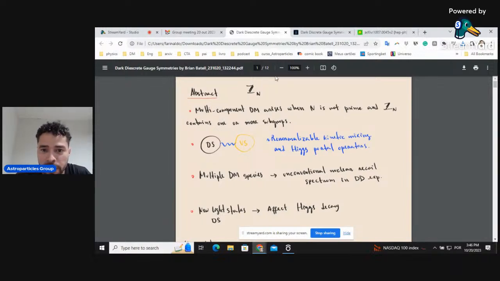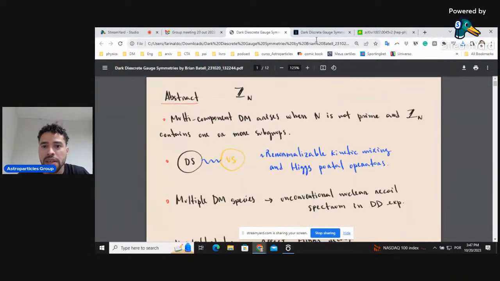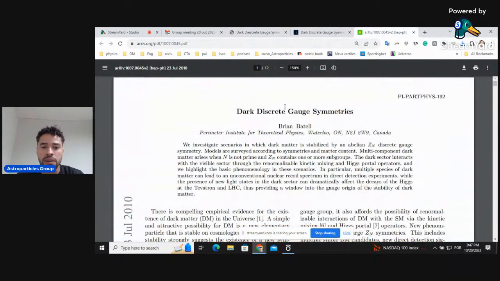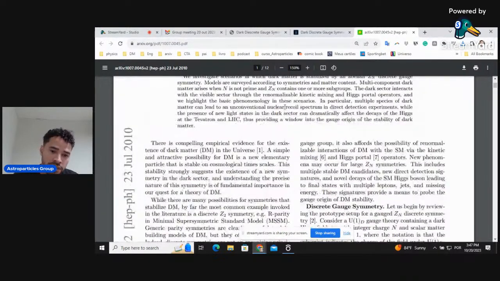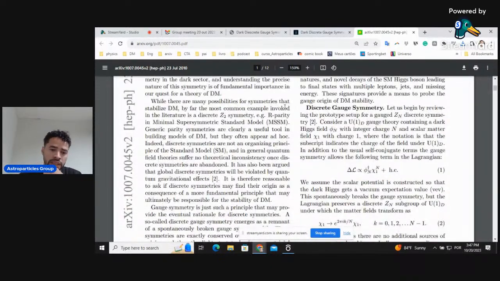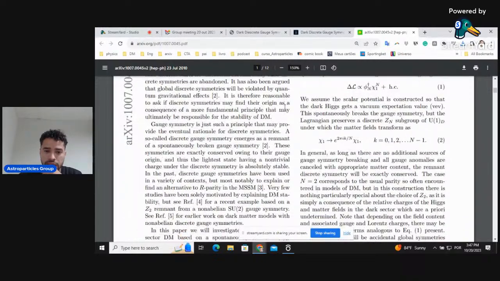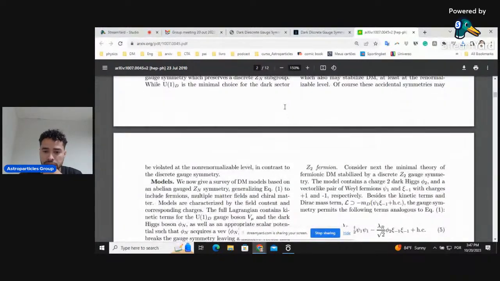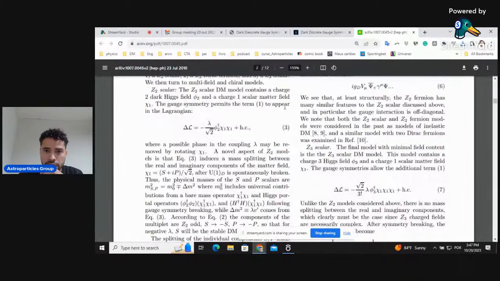Okay, so I hope it's good to see the notes. But first, today I will talk a little bit about dark discrete gauge symmetries, and it's based on this paper from Brian Battle, from 2010, but it's a good paper. It's really recent, I mean, current.